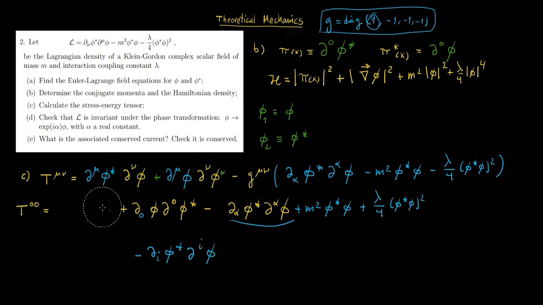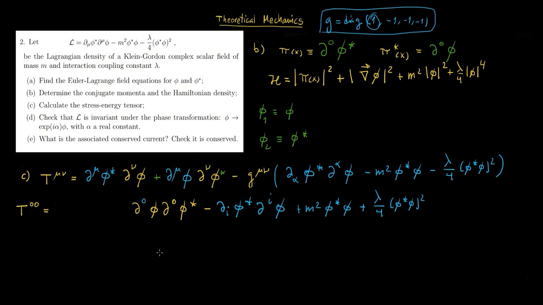So let's delete this and substitute this without the minus, because this minus is this minus. So we can raise this index again without changing anything, and this is pi star, this is pi.